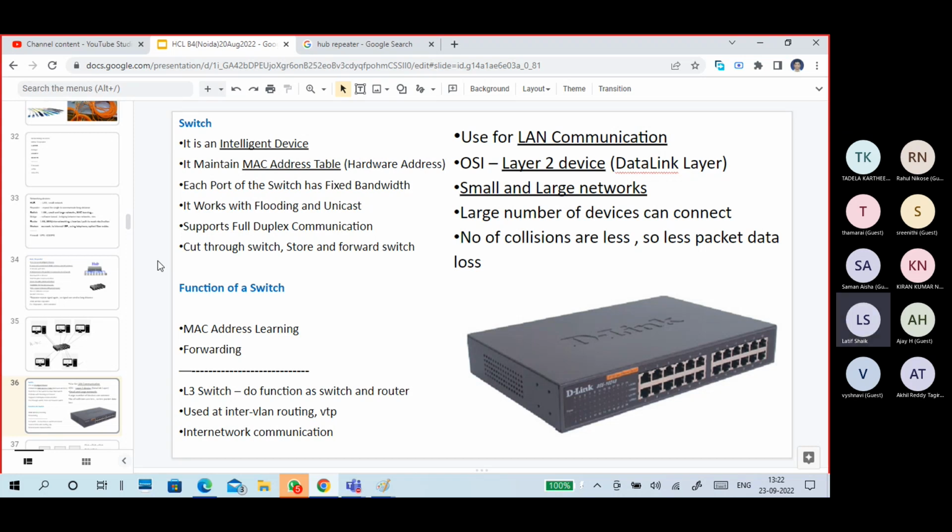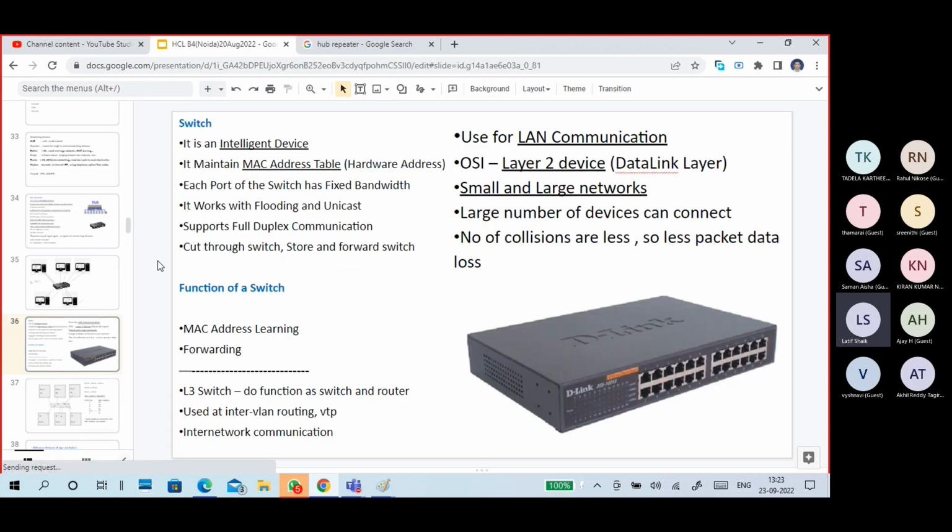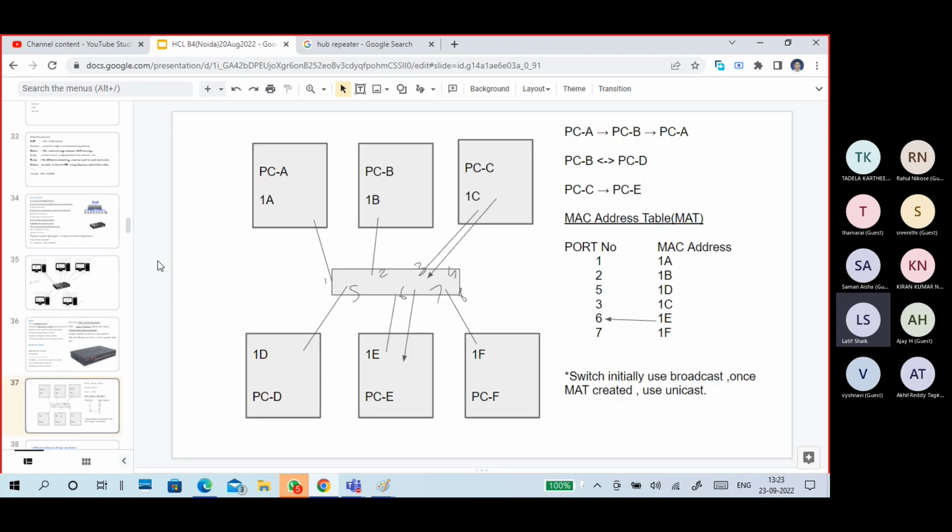How it is less, we'll see. Your switch can understand MAC addresses. So when PCs are communicating with each other, for example, PC A sends a packet to PC B. The packet travels through the switch. The switch understands PC A's MAC address and the port. Can you see the sockets there? That socket we call a port here.